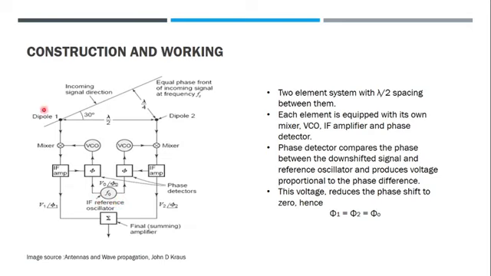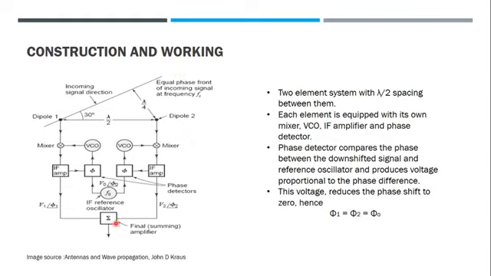For example, we said that this has an angle of 30 degrees and dipole 2 is retarded by 90 degrees. What this IF reference oscillator will do is compare the phase of the downshifted signal with the phase of this reference oscillator. Based on the phase difference, a voltage will be produced, and this voltage will increase or reduce the phase based on the requirement, such that the phase difference between the signals becomes 0.